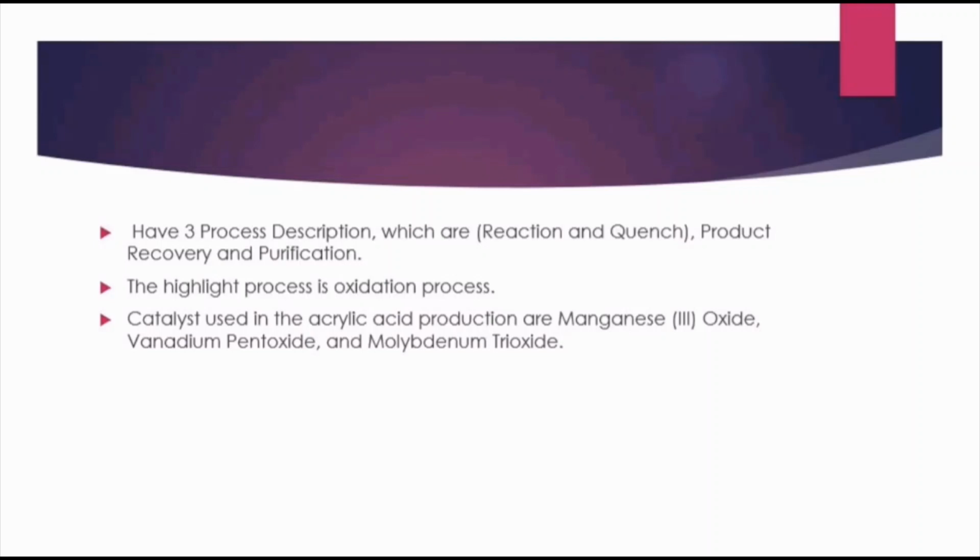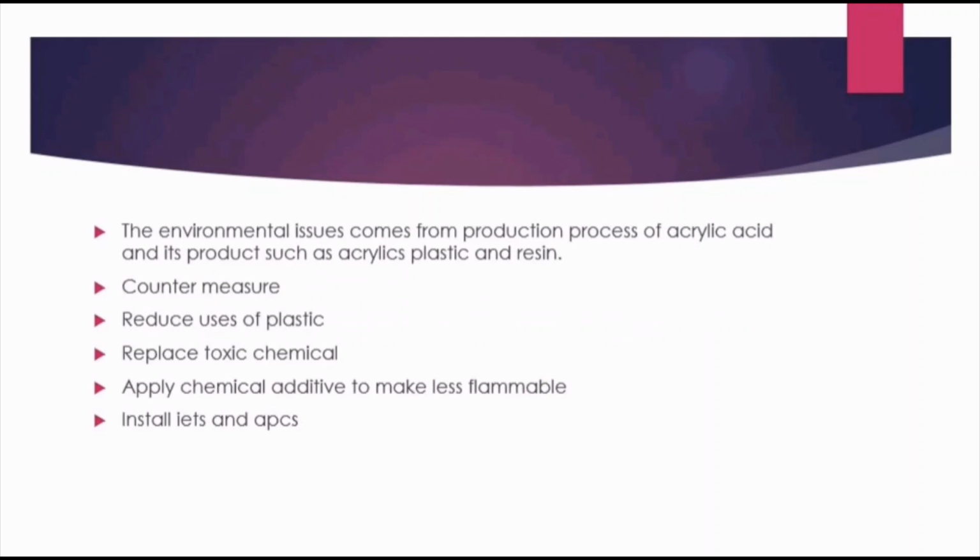Acrylic acid has three process descriptions, which are reaction and quench, product recovery, and purification. The highlight process is the oxidation process. Catalysts used in the acrylic acid production are manganese oxide, vanadium pentoxide, and molybdenum trioxide. Environmental issues come from the production process of acrylic acid and its products such as acrylic plastic and resin.